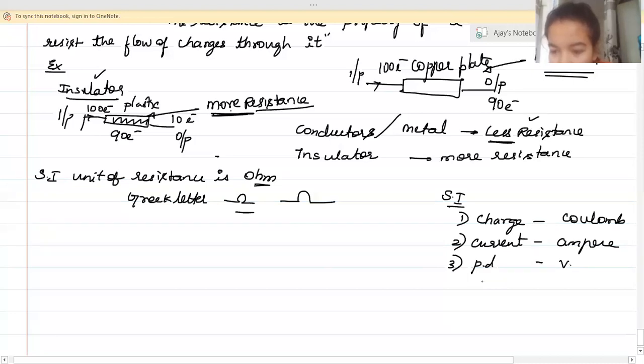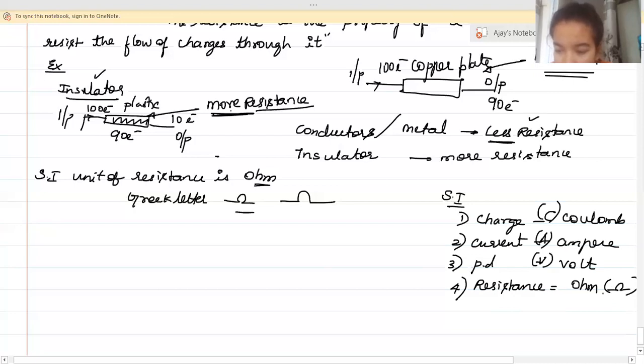Now the SI unit of resistance? Ohm. Coulomb is represented as capital C, ampere as capital A, volt as capital V, and ohm has a different symbol, a Greek letter. The others are represented by the first letter of their name. Any doubt in resistance?